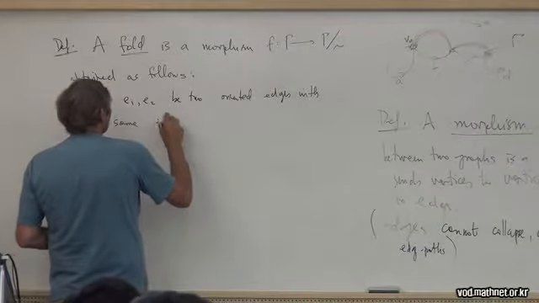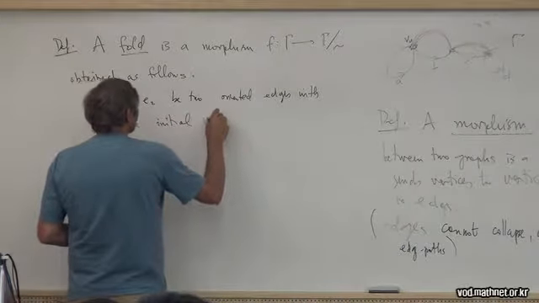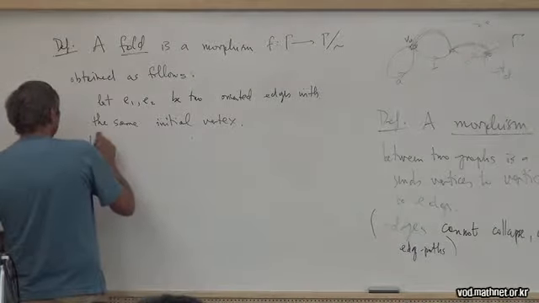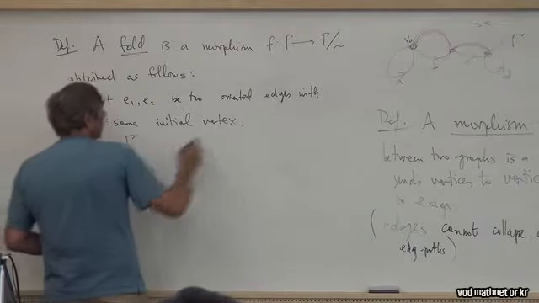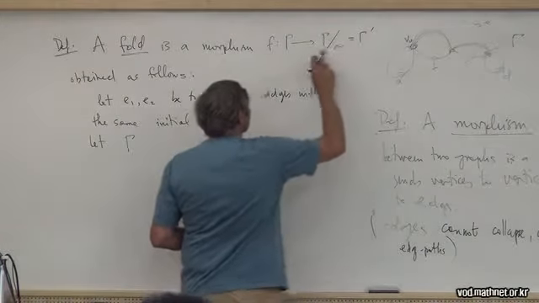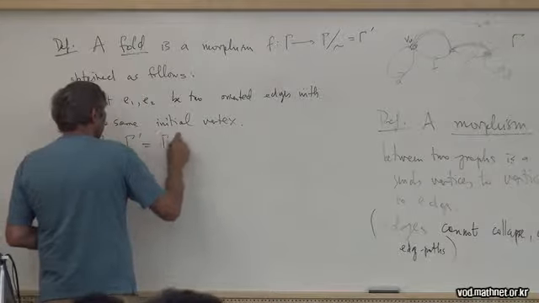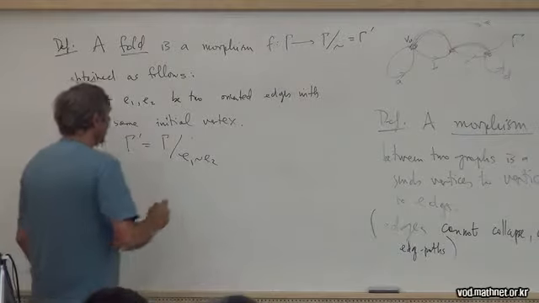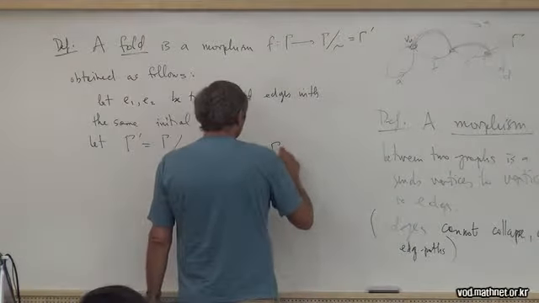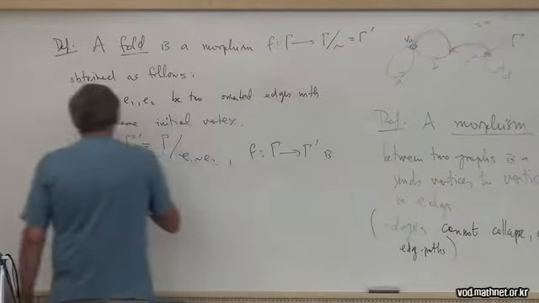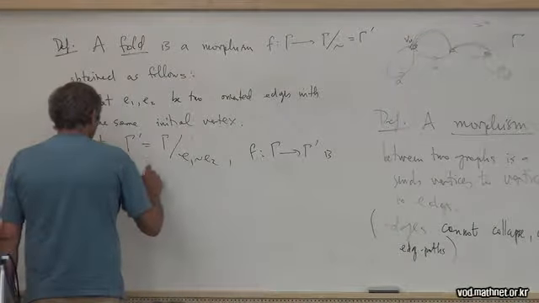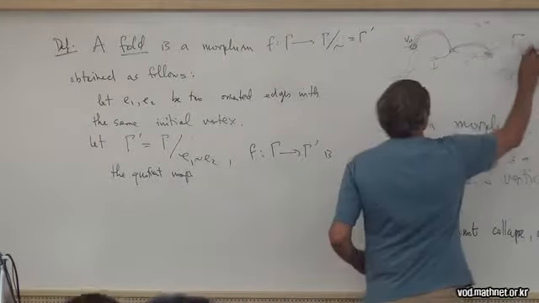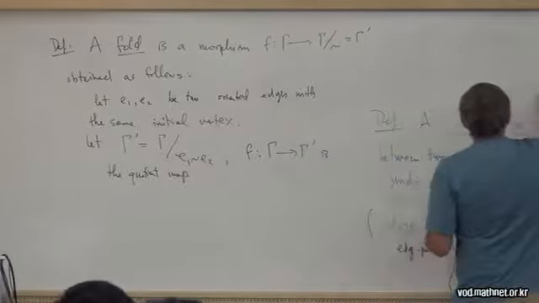Then let gamma prime be a certain quotient of gamma. So gamma prime is gamma where you identify E1 with E2, and F from gamma to gamma prime is the quotient map. Okay, so that's a fold. So I'm going to draw some pictures. There are really four types of folds.